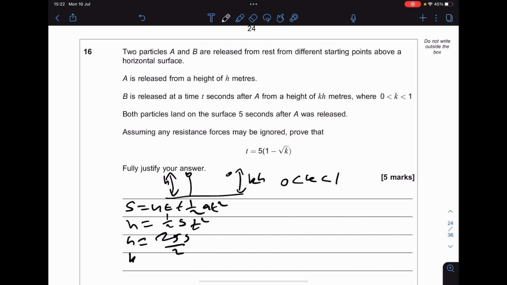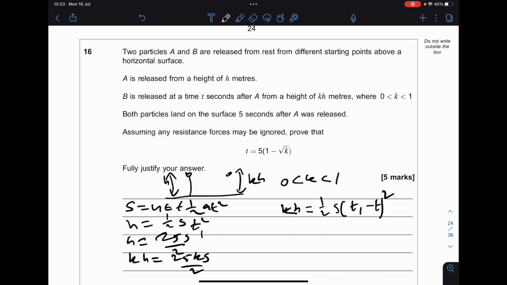So multiplying by k, kh is 25kg over 2. Right? And if I do that over here for kh, which is going to be 1/2 g t1 minus t squared. That should be t1, I apologise for that.